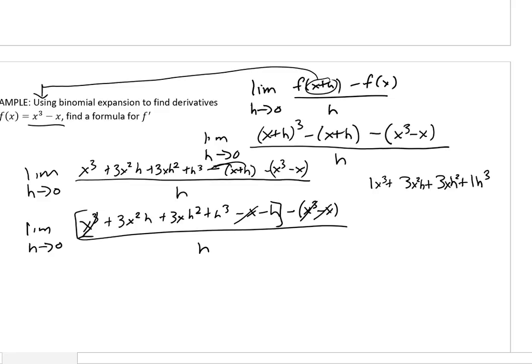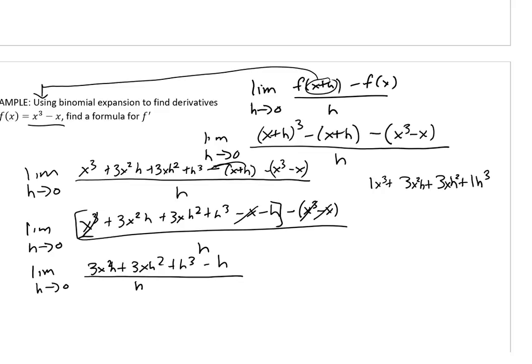So now I have 3x squared h plus 3xh squared plus h cubed minus h divided by h. Okay. So each of these terms has an h in it. So I cancel. So this h is going to cancel out with this one, and it's going to make this 1.